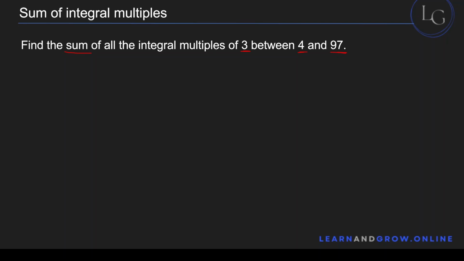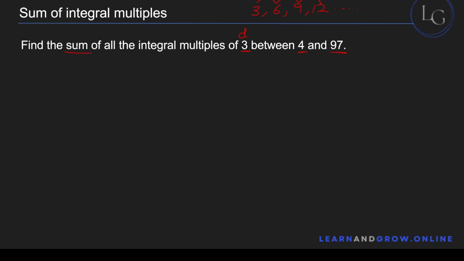So the integral multiples of 3 form an arithmetic progression with a common difference of 3, because obviously the multiples of 3 are 3, 6, 9, 12, and so forth. All of them have a common difference of 3.